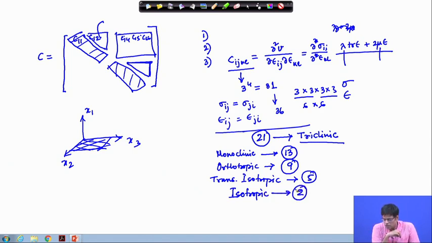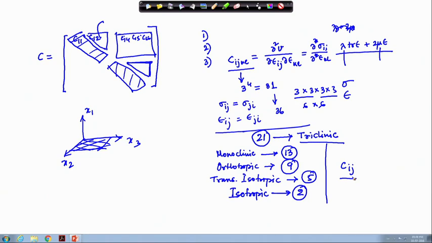So, these are all in terms of Cij's, in Voigt notation. These Cij's are again related to the engineering constants, which we are more familiar with, like Young's modulus and Poisson's ratios.